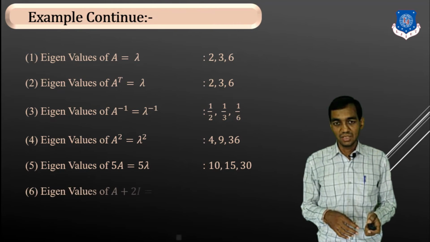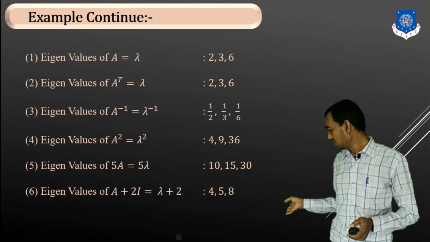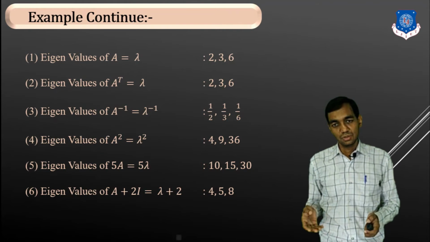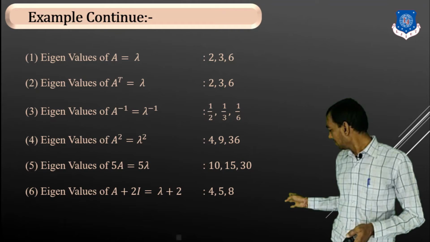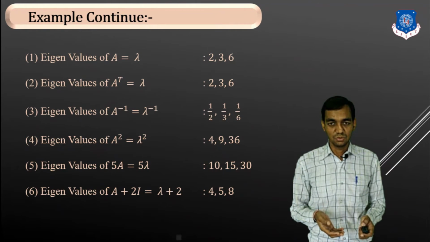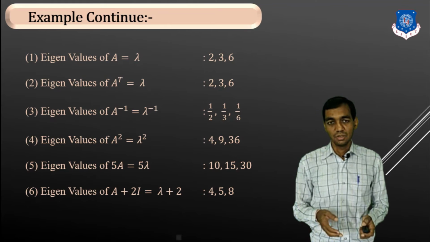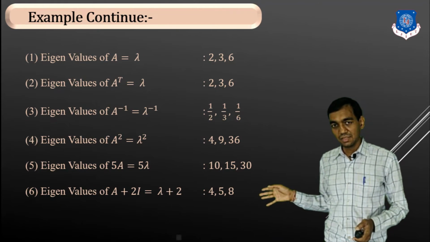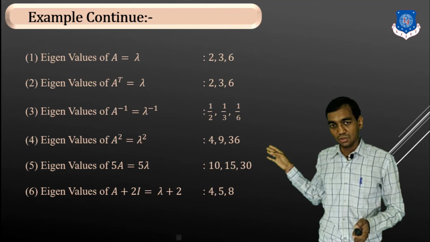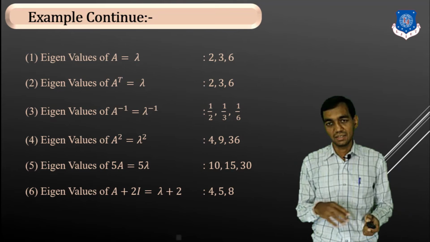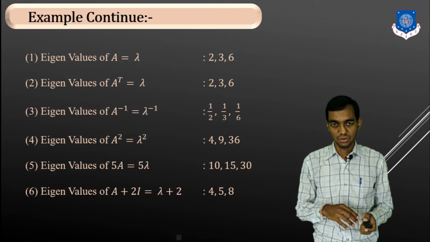And in the same manner, the eigenvalues of the A plus 2I matrix are lambda plus 2. So that will give the answer 4, 5 and 8 for the matrix A plus 2I. These are the eigenvalues of the given matrices. If you go with eigenvectors, then other than A transpose, all the matrices have the same eigenvectors as the A matrix has.